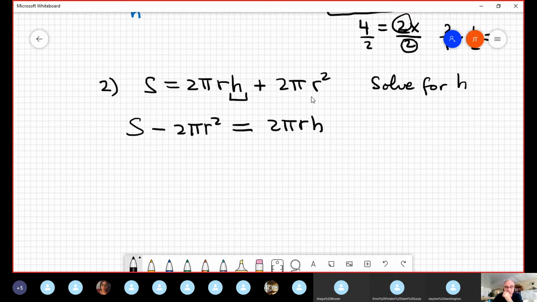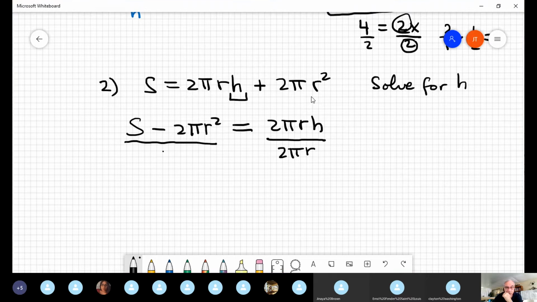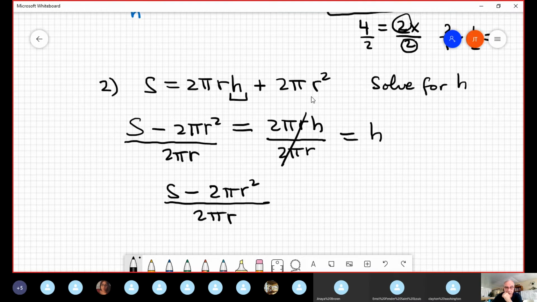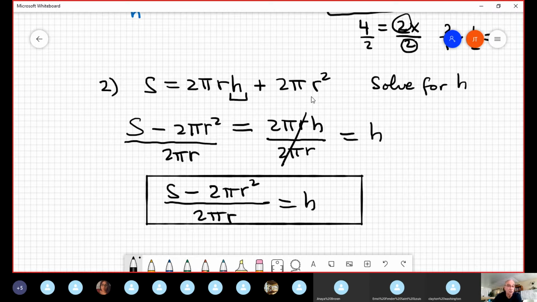Only 2 pi rh stays on the right-hand side. Finally, to isolate h, you divide both sides by 2 pi r. This cancels, this is gone, this is just h. The final answer is S minus 2 pi r squared divided by 2 pi r equals h. At that moment I can see the option I have: maybe option D is good. That's it. One question?